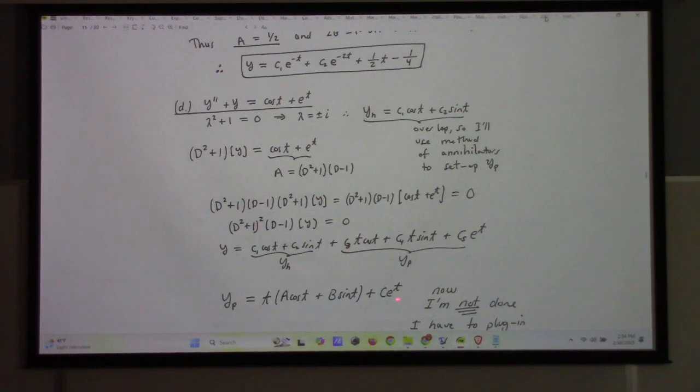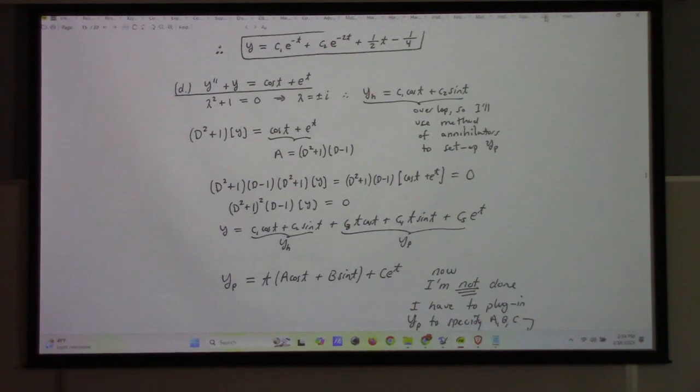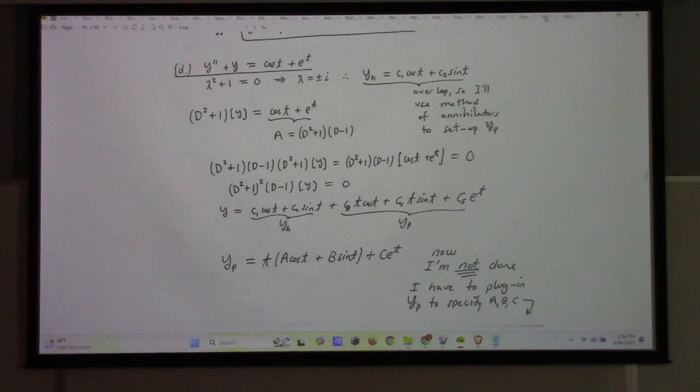I'm not done. This is the standard mistake you make: you feel like you've done something and it seemed a little bit hard, so you must be done with the problem. Not the case. If you're finding the general solution here, you still have to plug it back in and find the values of A, B, and C, right? Do not deceive yourself into thinking you're done with a problem that's not done.